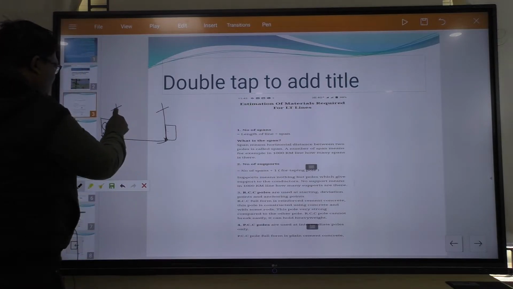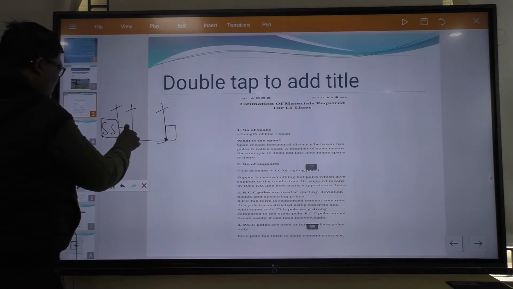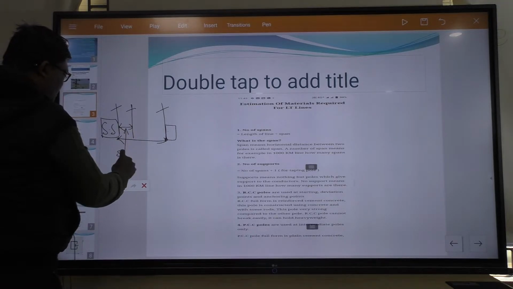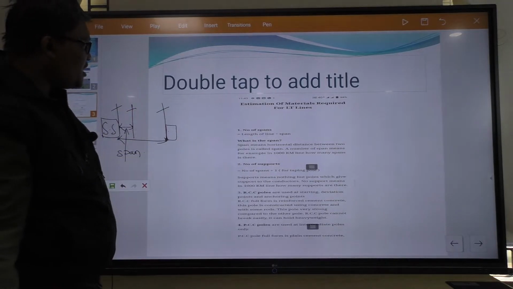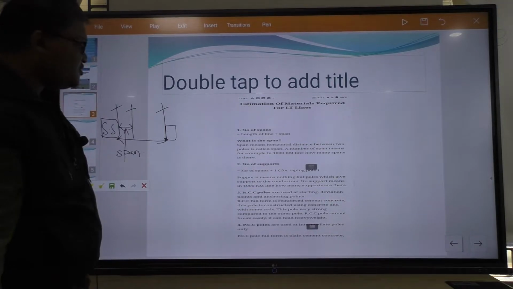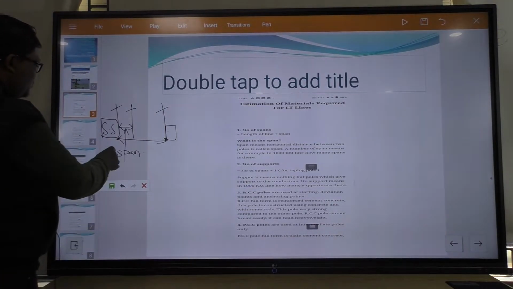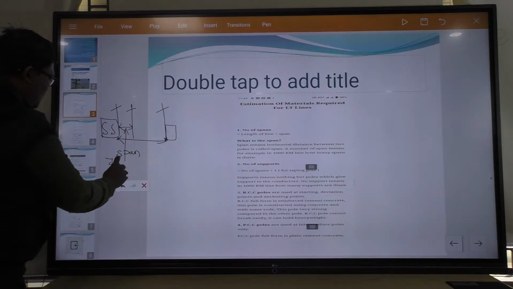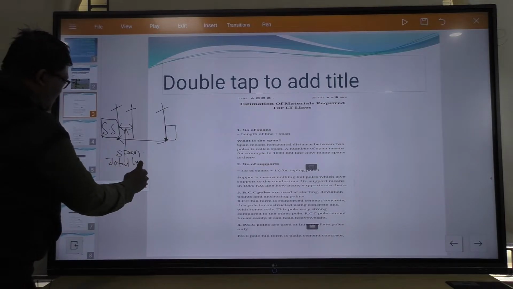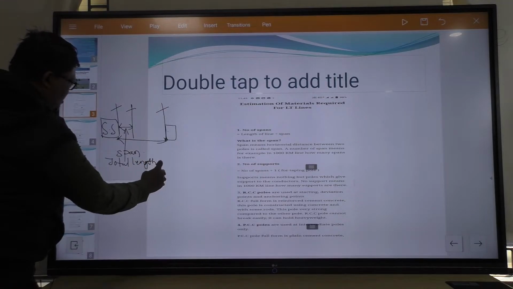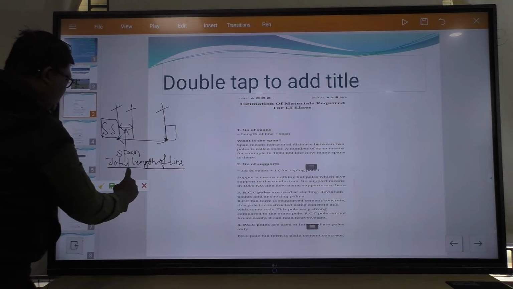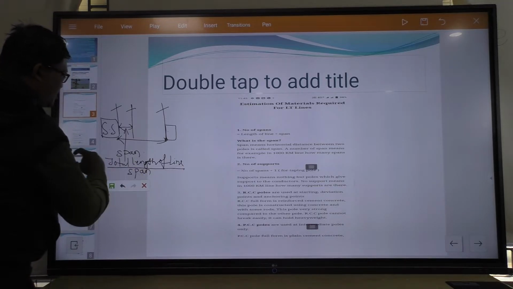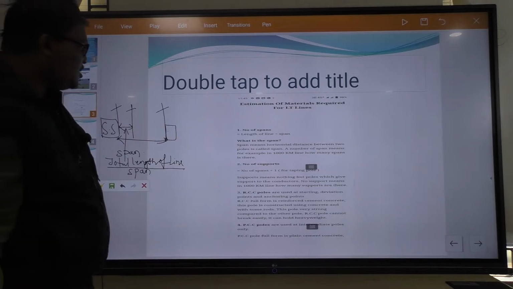Between any two consecutive towers is known as a span. So, number of spans is equal to the total length of line divided by span.